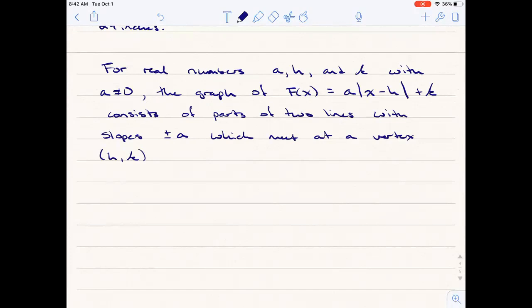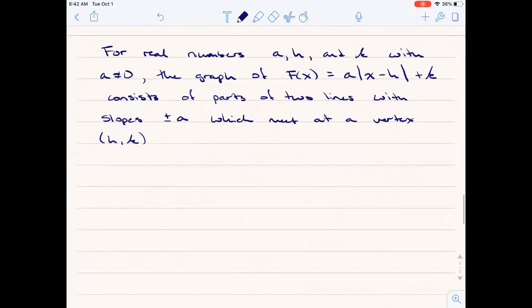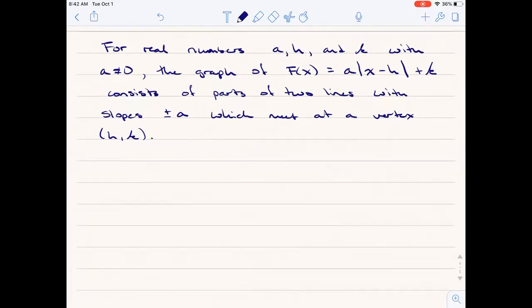So the x value is whatever h is in that formula, and the y value is whatever the k is in that formula.